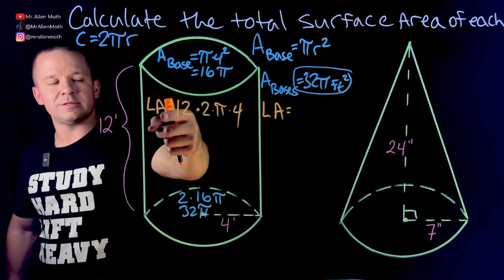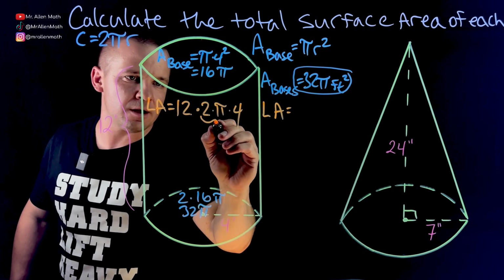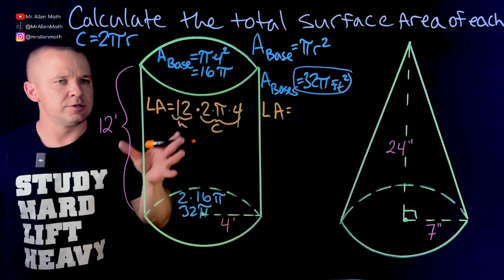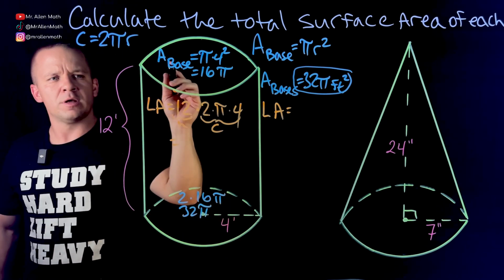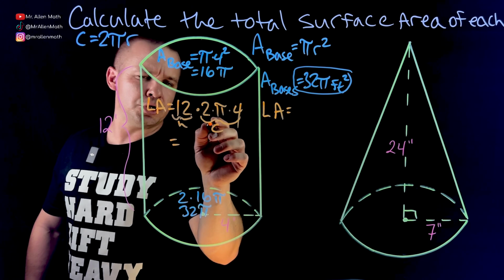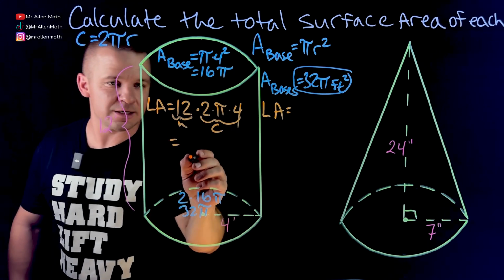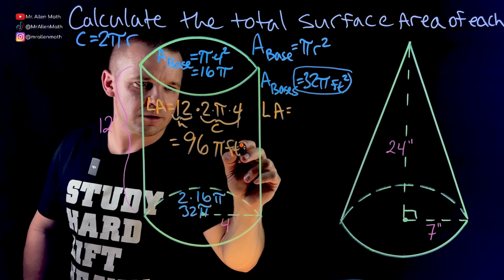All right, so height, length, whatever you want to call it. My two dimensions are multiplied together, this being my circumference, this being my height. So you can multiply them in either order. We're going to get the same thing. 12 times 2 is 24, times 4 is 96. So it'd be 96 pi feet squared.